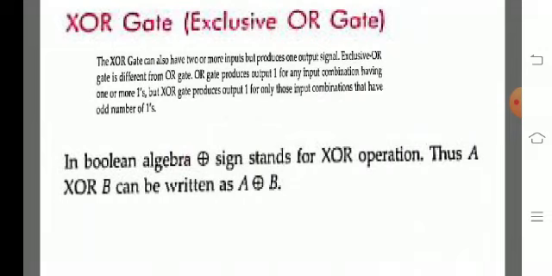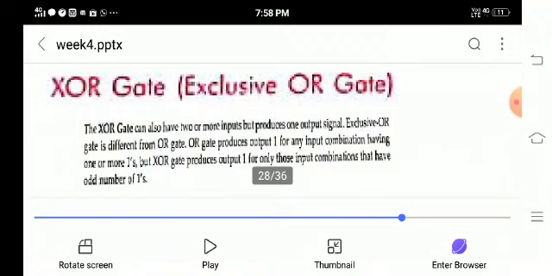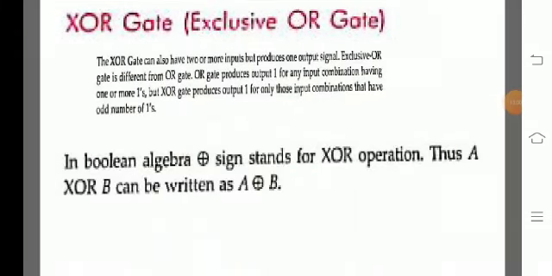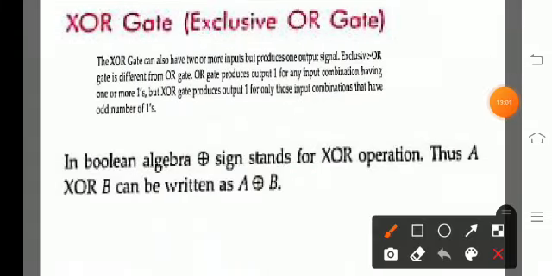Then the XOR gate. The XOR gate has 2 or more inputs, same thing. The XOR gate is different from the OR gate. Opposite to the OR gate is the NOR gate.